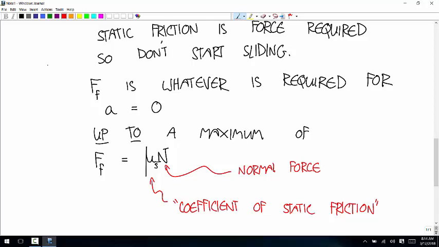Okay, so wait, I'm not done with this. So we talked about how the normal force affects it and why this maximum friction force is proportional to the normal force. Now let's say we take, well, let me put this on this.